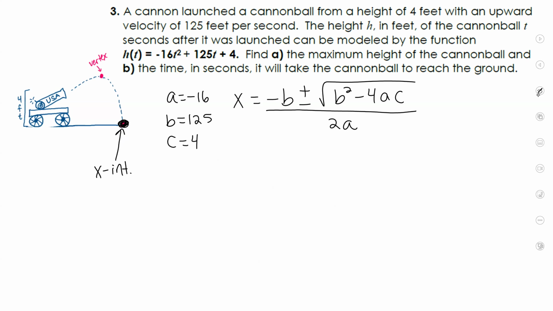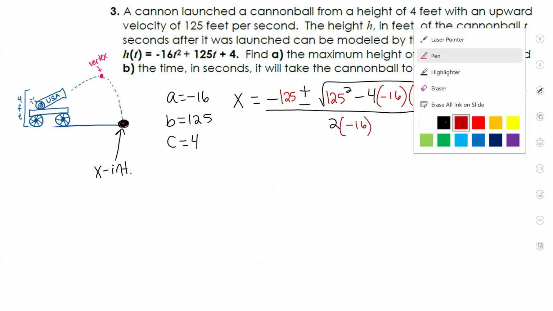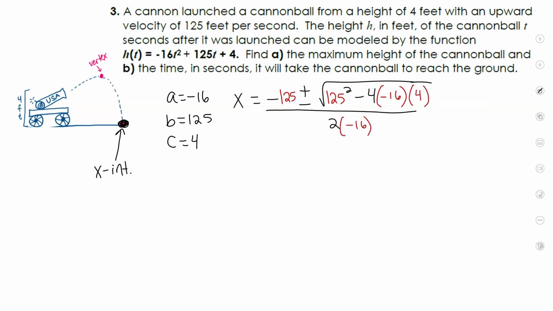So let's go ahead and substitute all of the things in my formula. This will be 125, 125, negative 16, 4, negative 16. All right, so let's figure this out together.